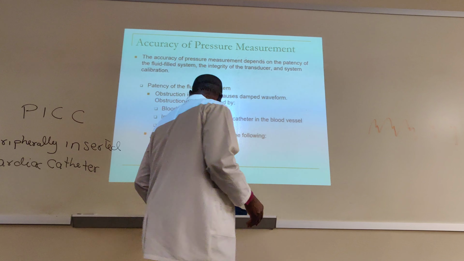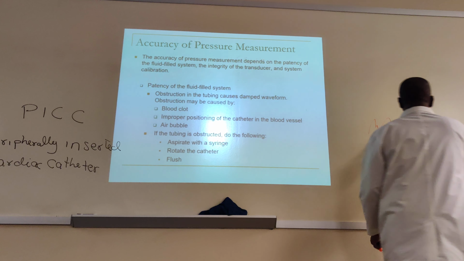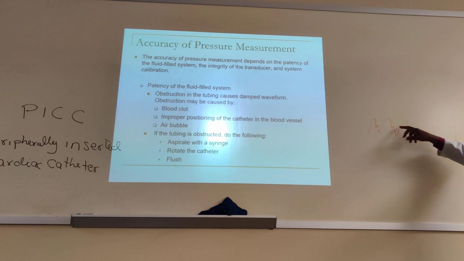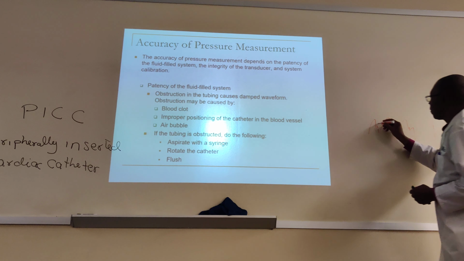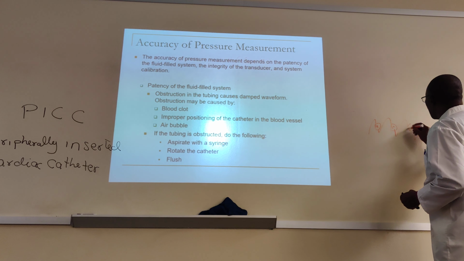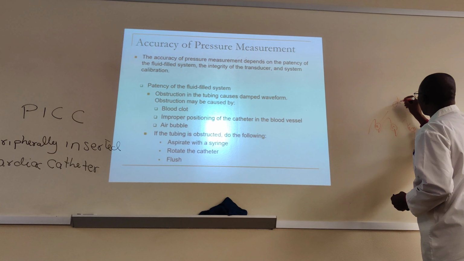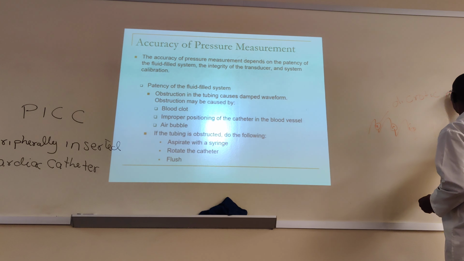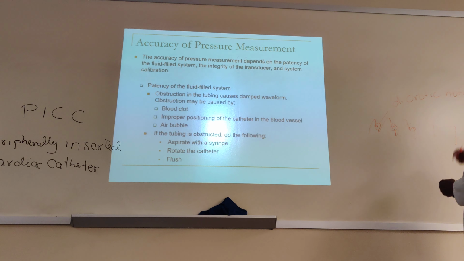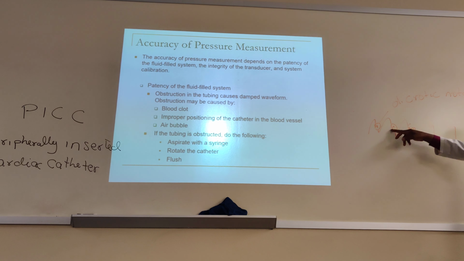Like I said, if you have an arterial line, you're going to see things like this. This is called the dicrotic notch. Anytime you cannulate an artery, you're going to see those, because they signal the closure of the aortic valve.